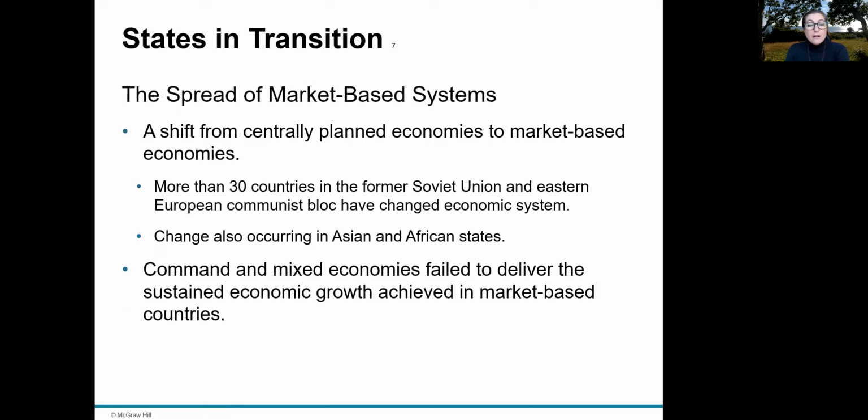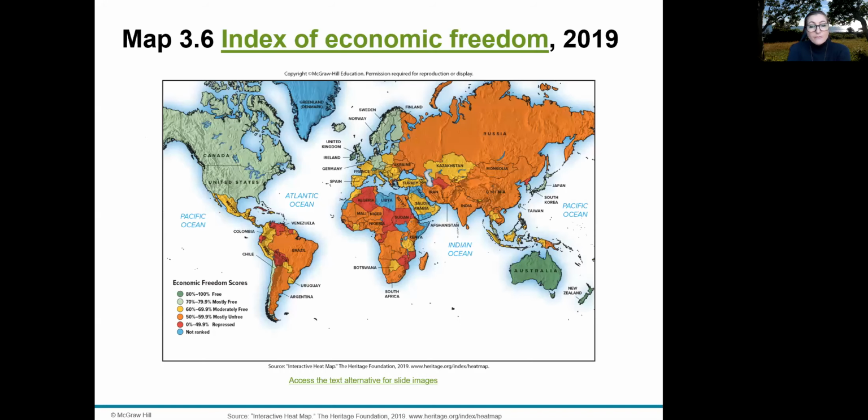So in other words, command and mixed economies fail to deliver the sustained economic growth that has been achieved in market-based economies. And so we see this spread of market-based systems. This is over the last 30 years, this spread of market-based systems and states in transition that have happened.